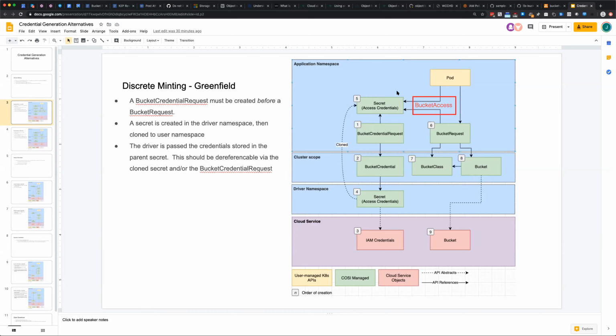It looks like we are missing one more step here, where we actually grant access to the credentials, to the service account, let's say. Now, a question about that. What that implies is that this bucket access has all the information that a pod would need to access that bucket.